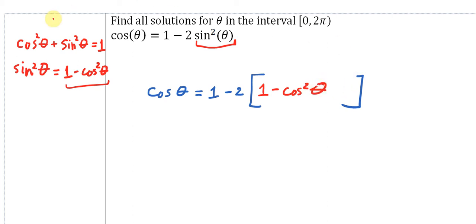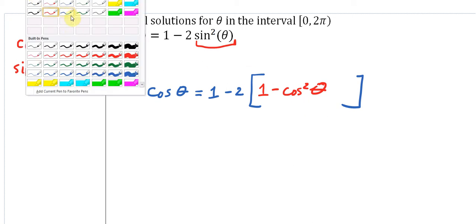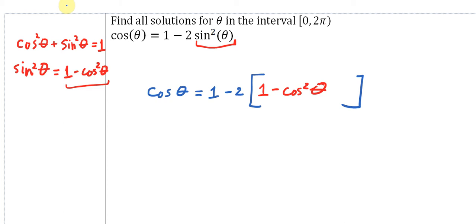So one of the reasons this problem is straightforwardly solvable now is because we have everything in terms of cosine. You have a cosine squared in there, but I think we know how to deal with that already from our previous work. So now we can say cosine theta is equal to 1 minus 2, so we're just distributing the 2, right, plus 2 cosine squared theta.